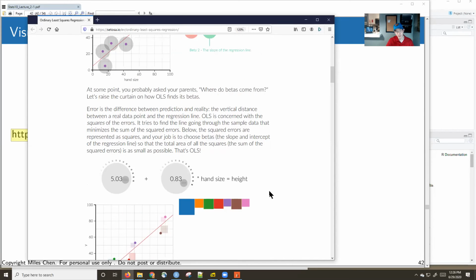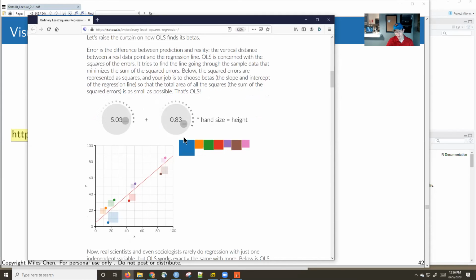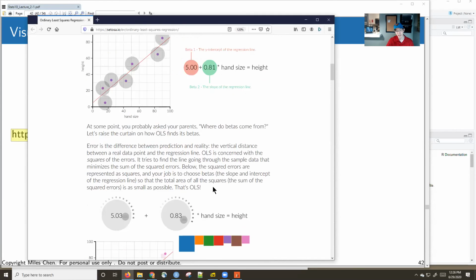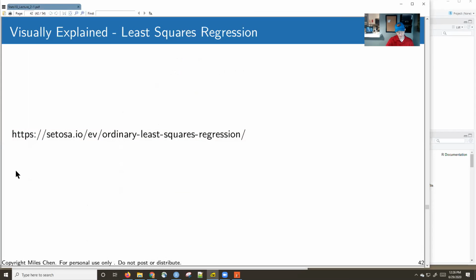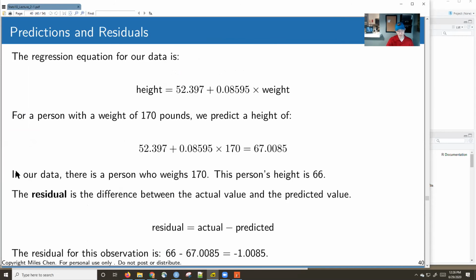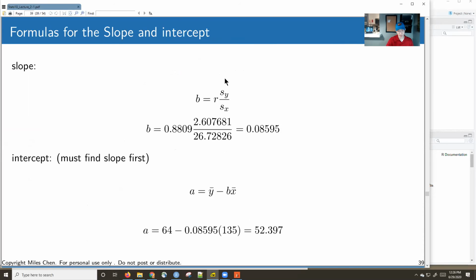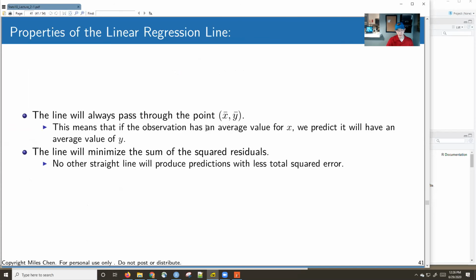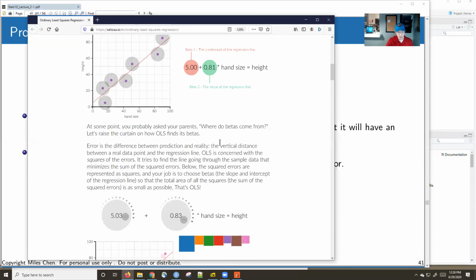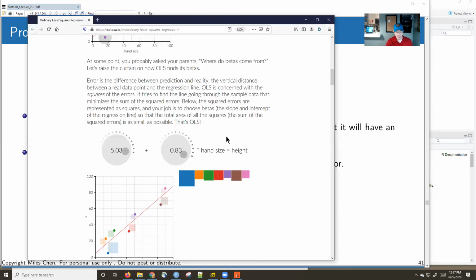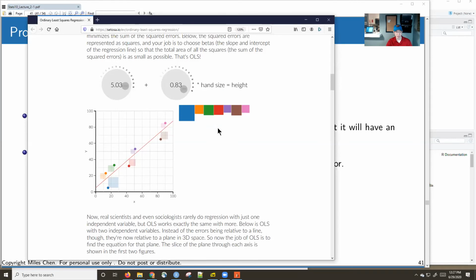Okay, something around here. This is going to be the smallest amount of residuals. The line that has this slope and this intercept will be the line that produces the minimum sum of squared residuals.